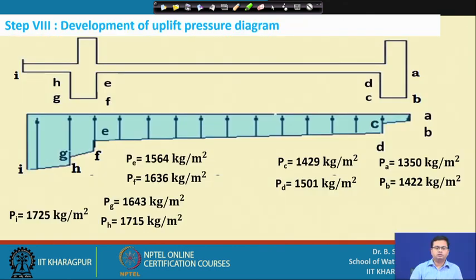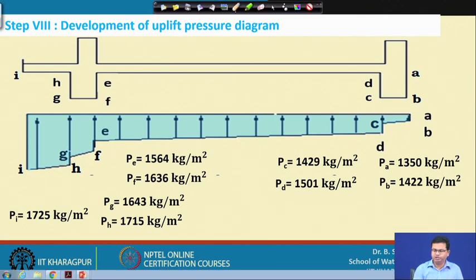So, this shows our uplift pressure diagram. You can see all these values have been computed. PA we have estimated 1350, PB 1422, PC 1429, PD 1501, PE 1564, PF 1636. PG is estimated 1643, PH 1715 and PI is 1725 kg per meter square.